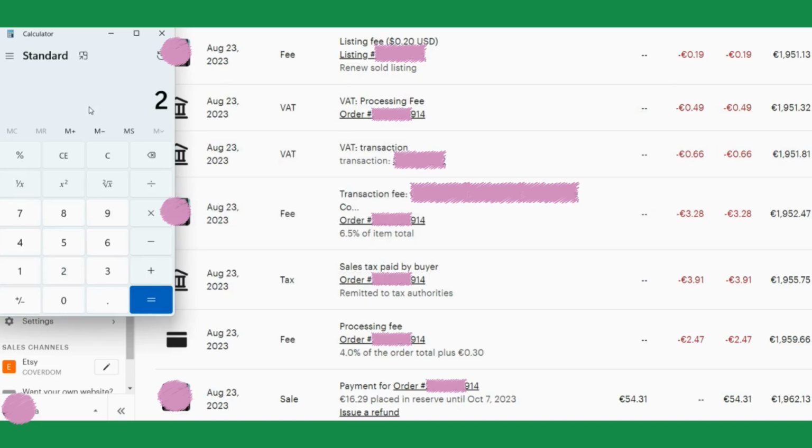So it's going to be 2.47 plus 3.28 plus 0.66 plus 0.49 and plus 0.19, and that equals to €7.09. This is the total amount of the fees that I paid on this order.